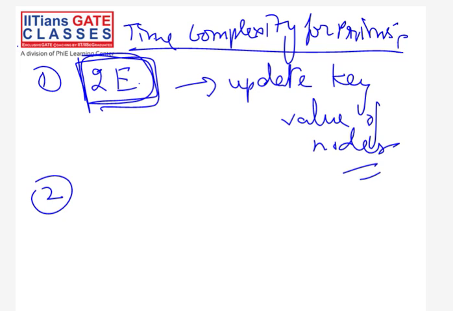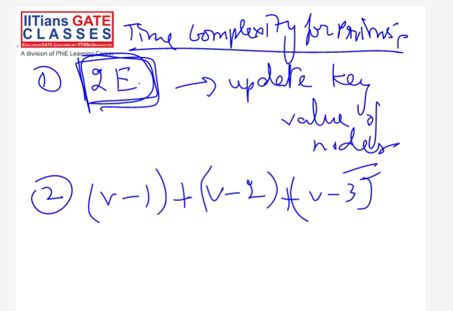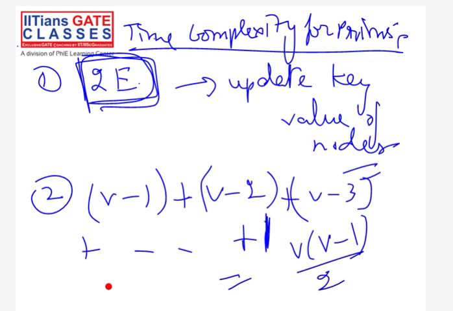Because the values of all the nodes keep on changing as you visit more nodes. So when you are at the first node, you check V minus 1 nodes for the minimum. At the second node, you check V minus 2. At the third node, V minus 3, and so on, till the last one. This gives you V into (V minus 1) by 2, which is nothing but order of V square.